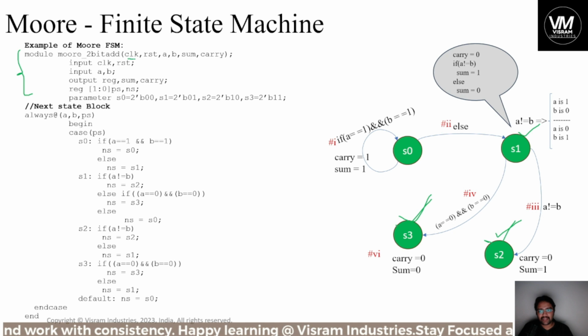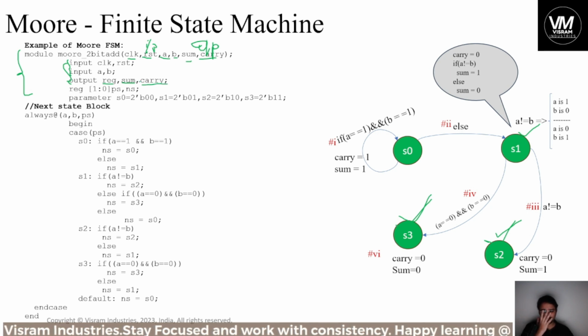We will be defining clock, reset, A, B as the inputs, and sum and carry as the output. Input clock and reset, input A and B, output reg sum and carry. For that reg, what are we taking? Registers as present state and next state for the Moore FSM.